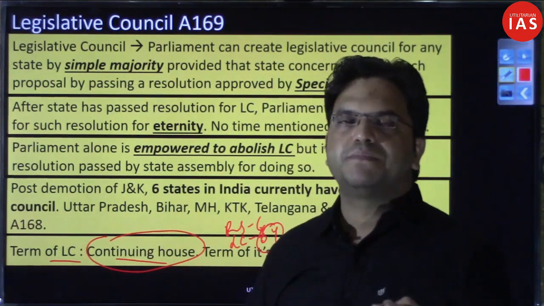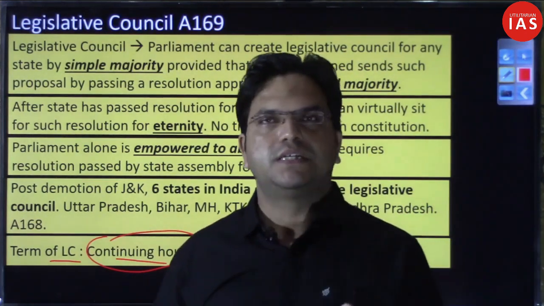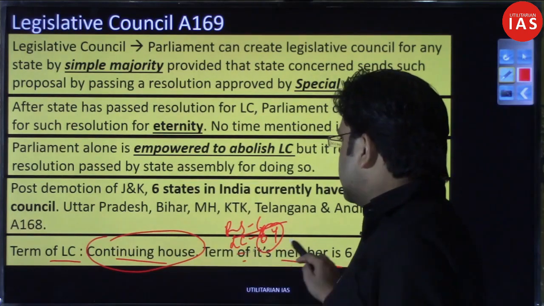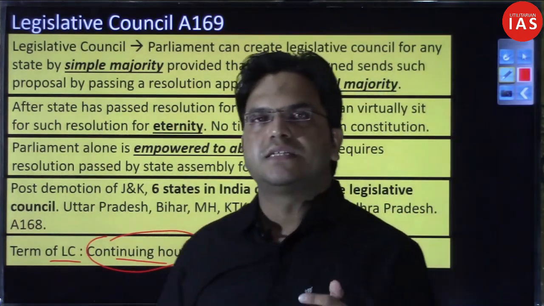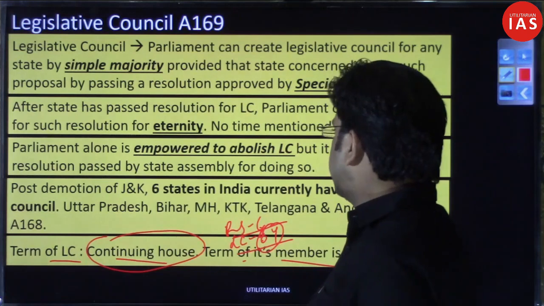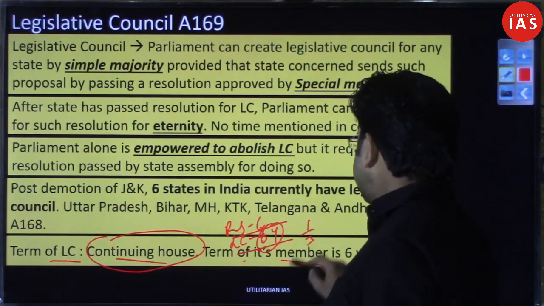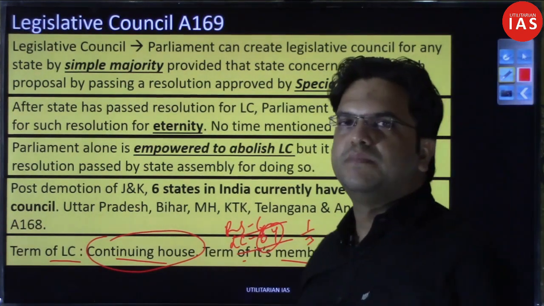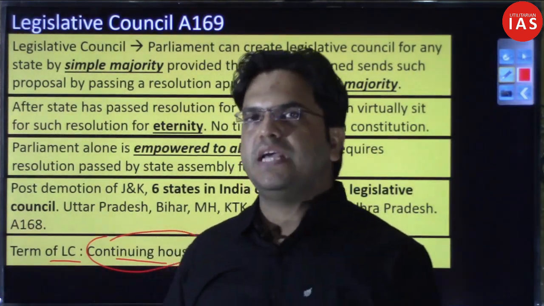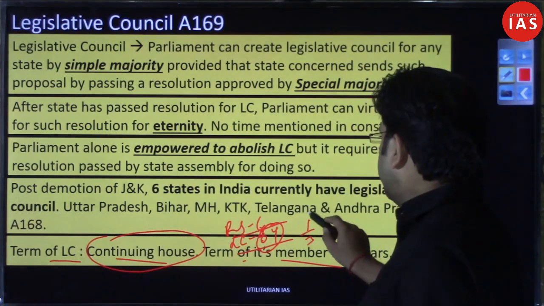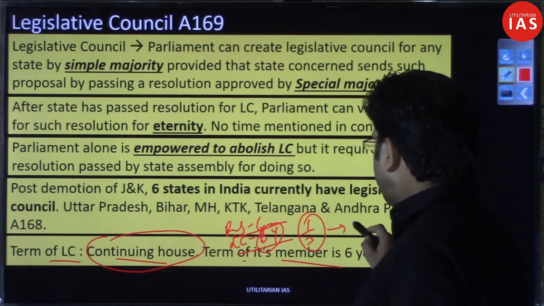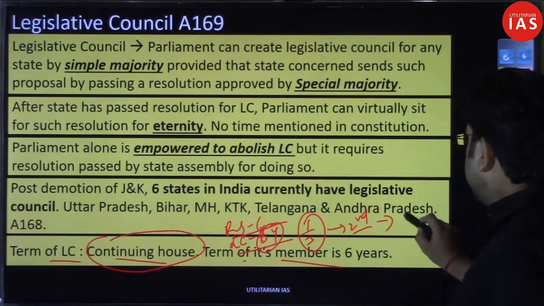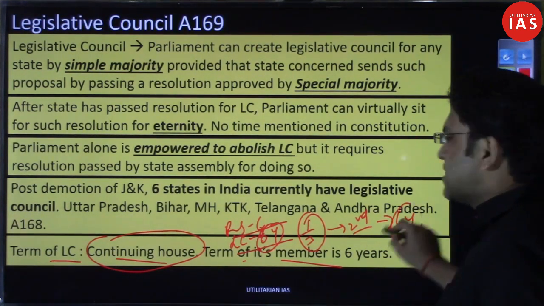I hope you have understood: the term mentioned in the constitution is not for the Rajya Sabha or legislative council as a house, it is the term of their members, and not even 6 years clearly. The only thing mentioned is that 1/3 of their members will retire every second year, and from that we have deduced that the members' term will be 6 years.